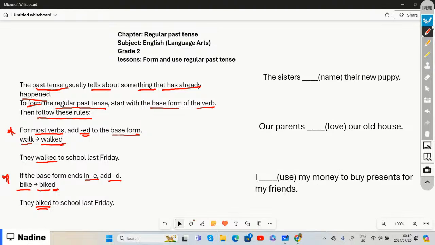So, which means that if our verb ends with an E, then we're only going to add a D to that specific base word in order for it to change to a regular past tense. So we're going to say that the sisters named their puppy.